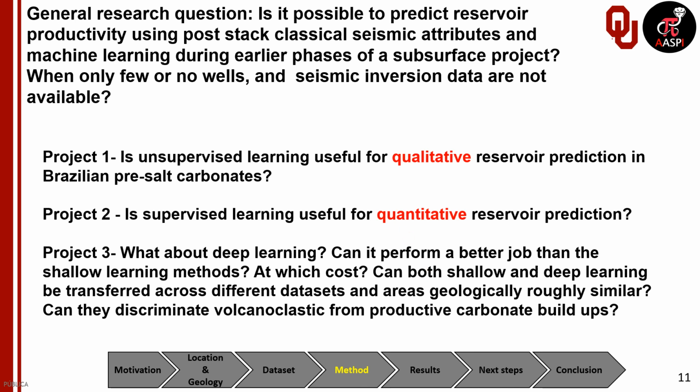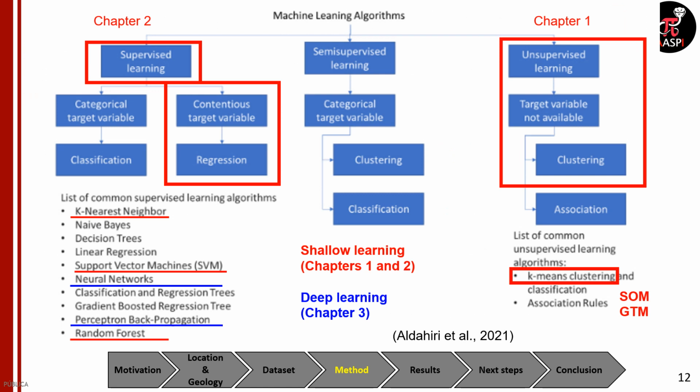And can both shallow and deep learning be transferred across different data sets and areas that are geologically roughly similar? And can they discriminate volcanic clastics from productive carbonate buildups? Those are questions that are about to be answered.